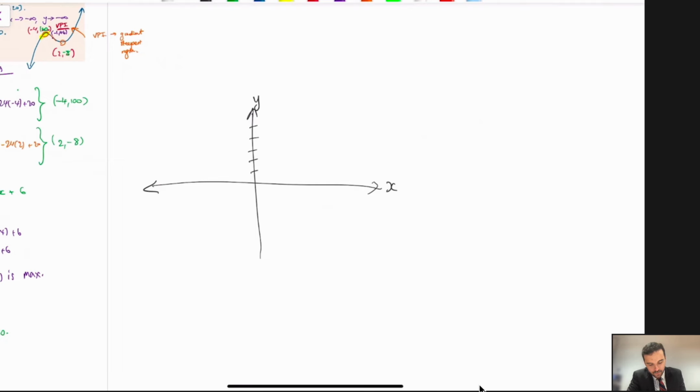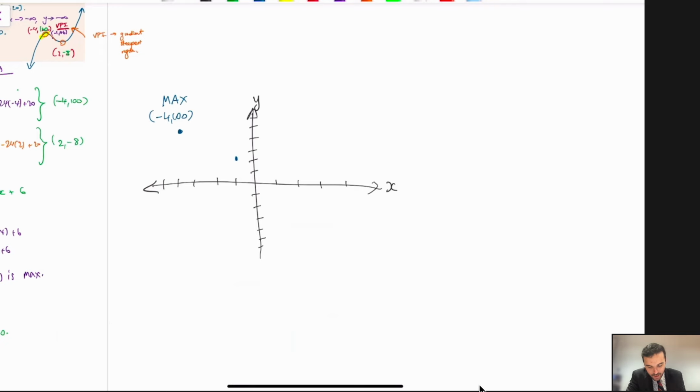2, 3. Okay, and let's say each one of these is 20, 20, 40, 60, 80, 100, negative 400. So we've got a point here. And this is our max, local max. We've got a VPI at negative 1, 46, around here.